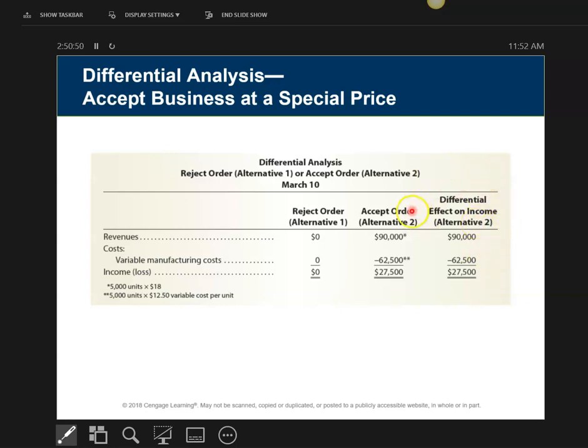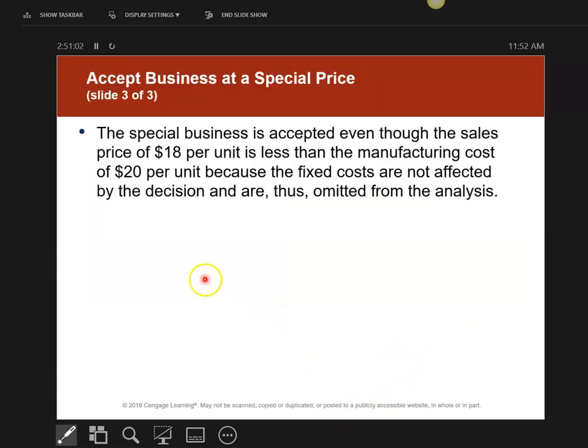If I choose this alternative, here's what's going to happen to my income. As a good manager, you're always wanting to make money as long as it's not going to cost you. So your decision on this one should be, yes, I should take it, even though the $18 is less than the $20.